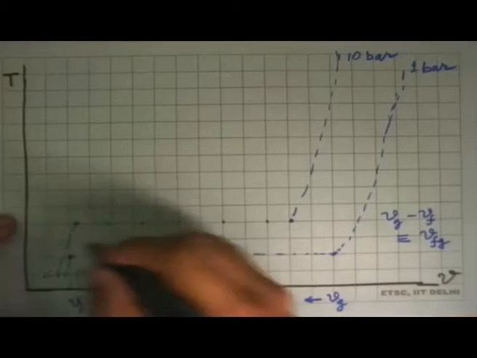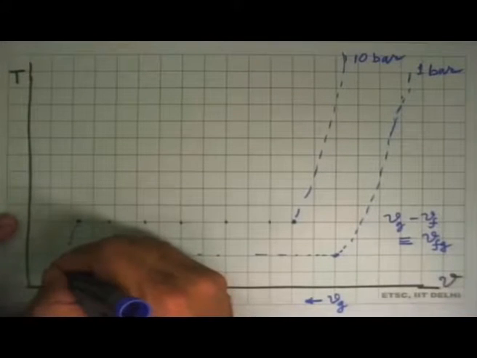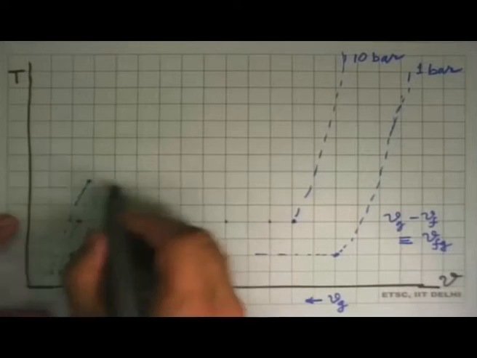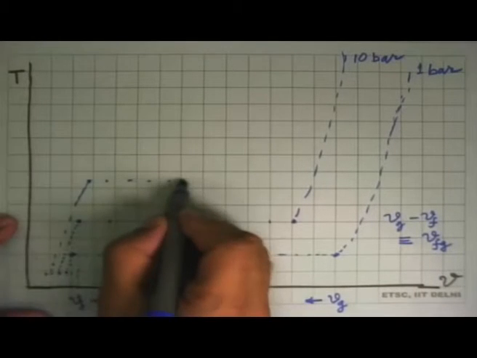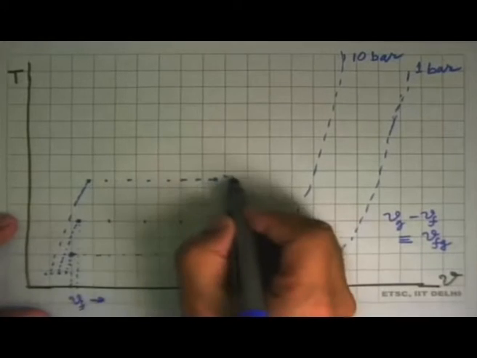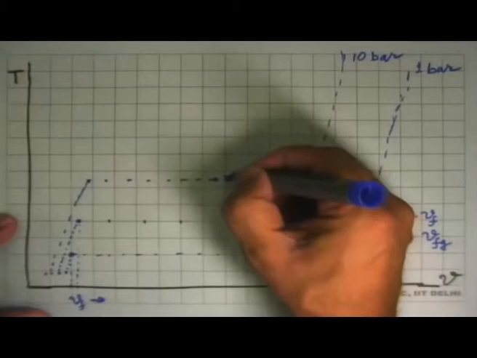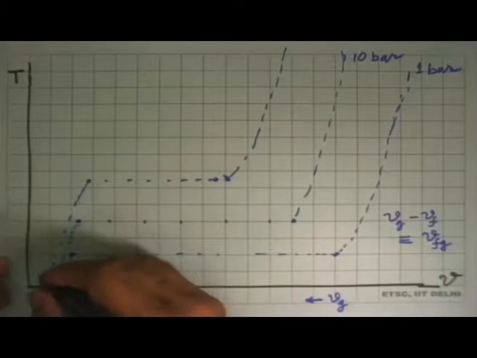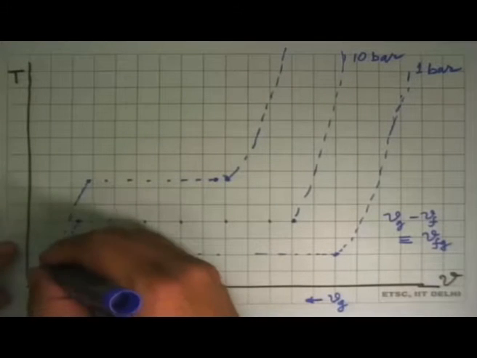Now what happens if we increase the pressure further? Go to 100 bar. It comes over there. Then you have a series of states that come somewhere there. And then you have the same behavior there. So 10 bar, 100 bar, now let's go to some 200 bar.